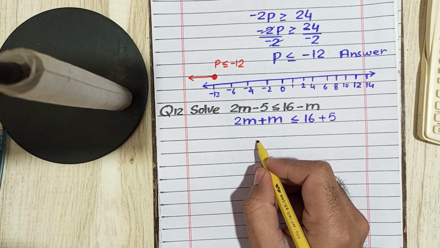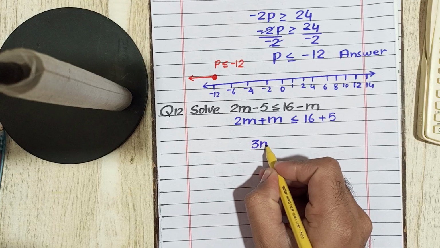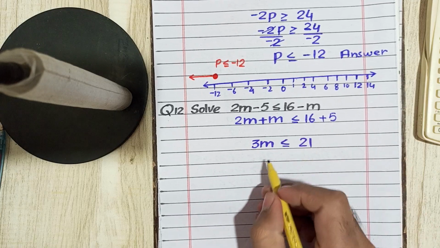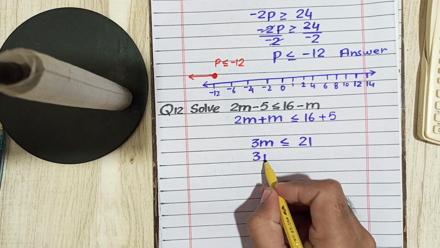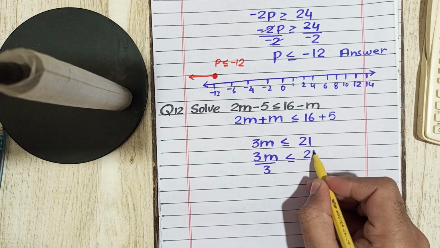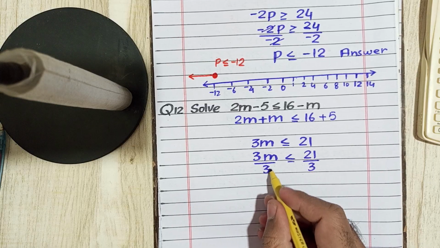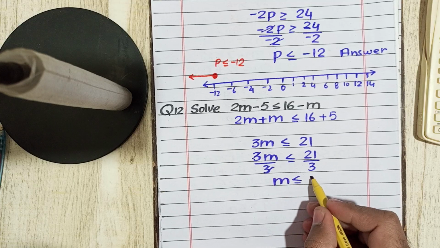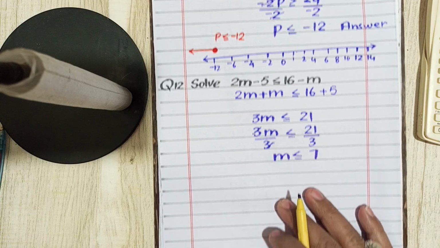So 2m plus m gives 3m, and 16 plus 5 gives 21. Now we divide both sides by 3. 21 divided by 3 is equal to 7, since 3 times 7 is 21. So m is less than or equal to 7.